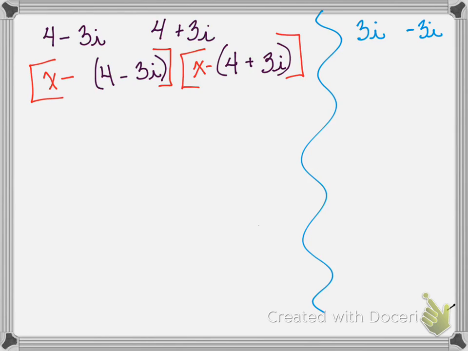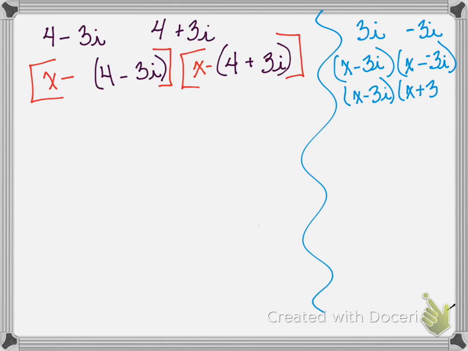So if 3i and negative 3i are the solutions, x minus 3i and x minus negative 3i are the factors. And that's what I multiply together to get my polynomial. So I'm going to rewrite this as x minus 3i times x plus 3i.